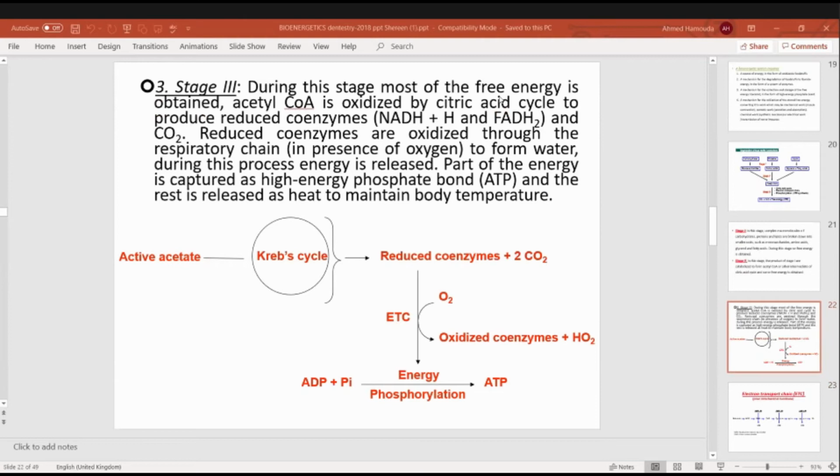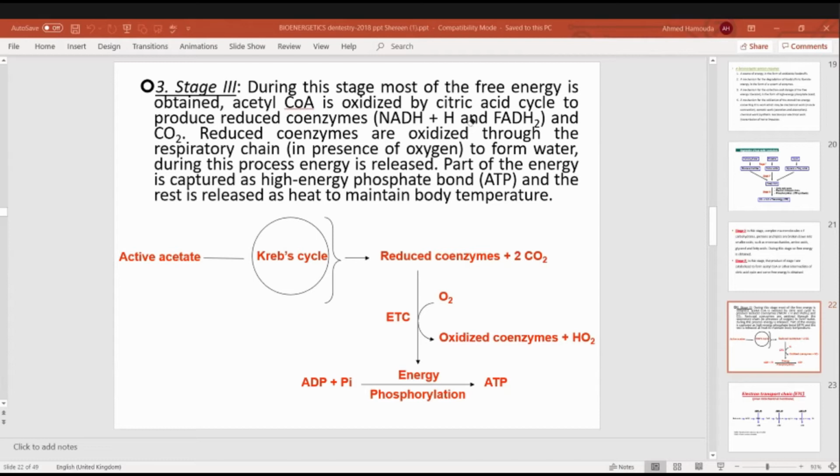So the third stage, of course, is the subject of our topic: to get the most of the energy. Most of the energy is obtained from the acetyl-CoA. So the acetyl-CoA is oxidized by the citric cycle to produce reduced enzymes.